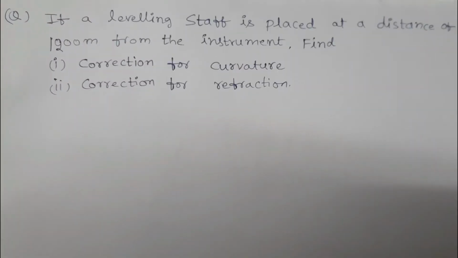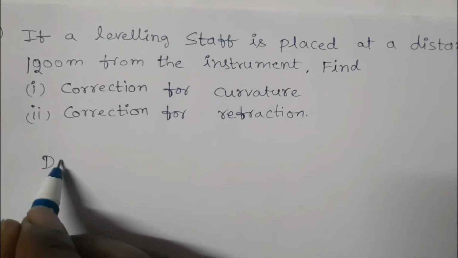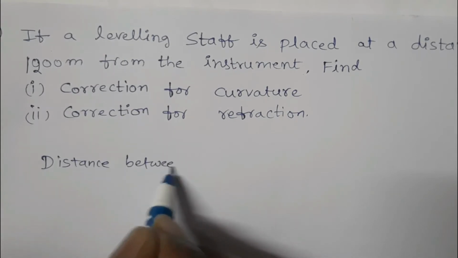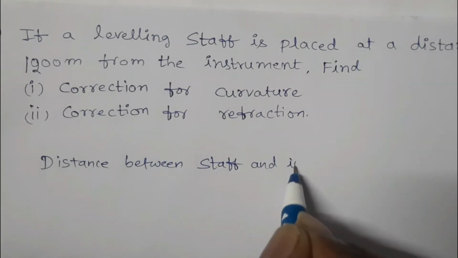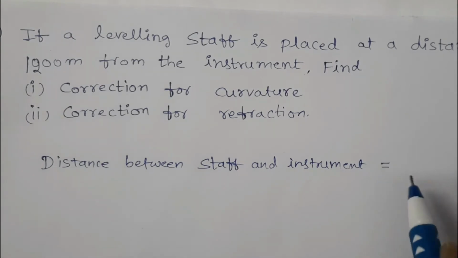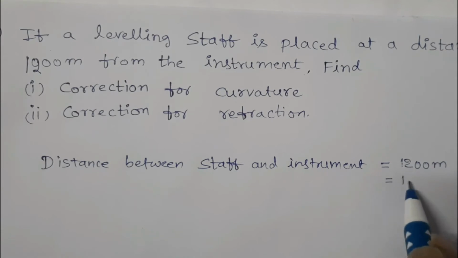If a leveling staff is placed at a distance of 200 meters from the instrument, find correction for curvature and correction for refraction. Distance between instrument and staff is 200 meters, that is equal to 0.2 kilometers.